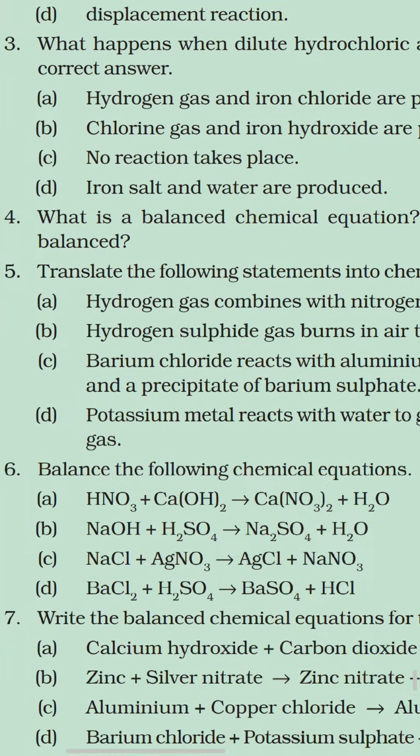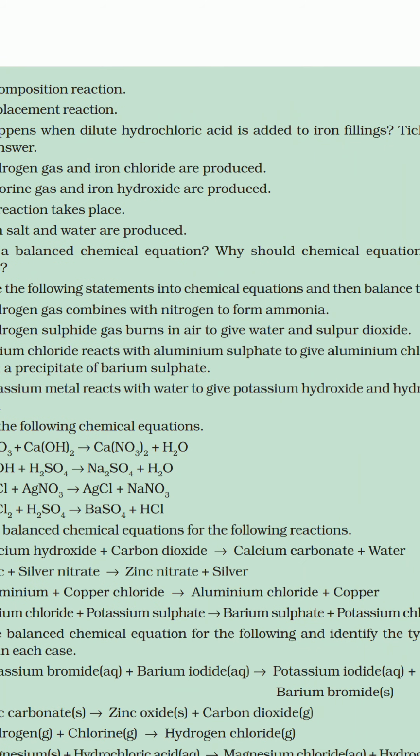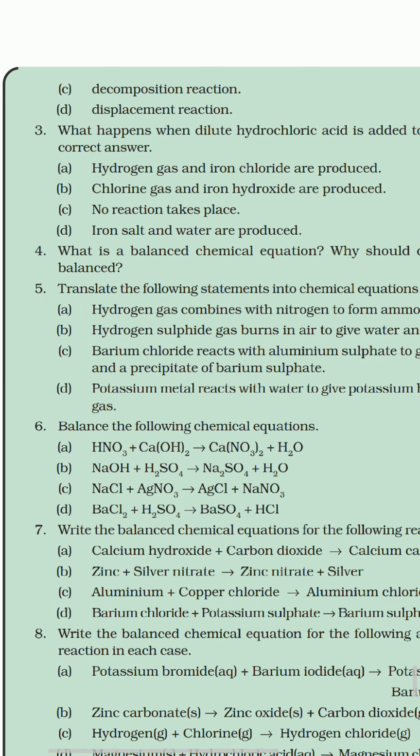Now the next question, number 4, is: what is a balanced chemical equation? Please see the exercise in your NCERT book. A chemical equation is said to be balanced if the atoms of different elements on both sides of the equation are equal.